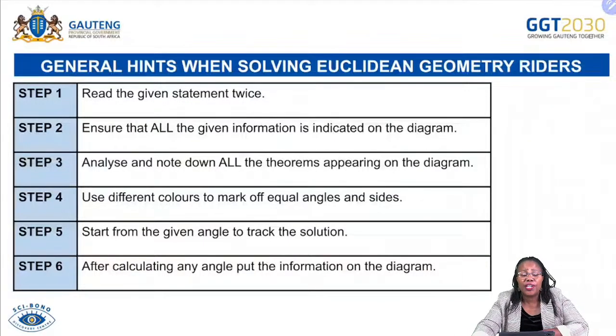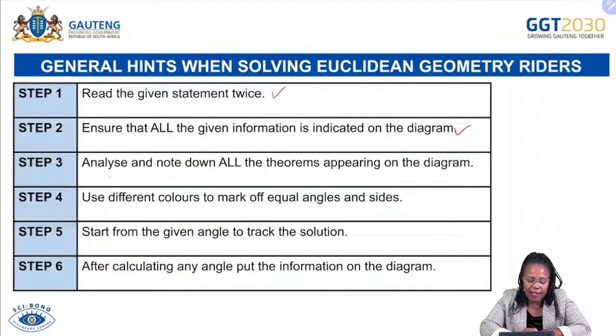And then the general hints when solving Euclidean geometry: you must read the statement twice and ensure that all given information is indicated on the diagram. Sometimes the information is in the statement but not indicated on the rider that is given to you. So you read twice to ensure that everything in the statement is indicated on the diagram.